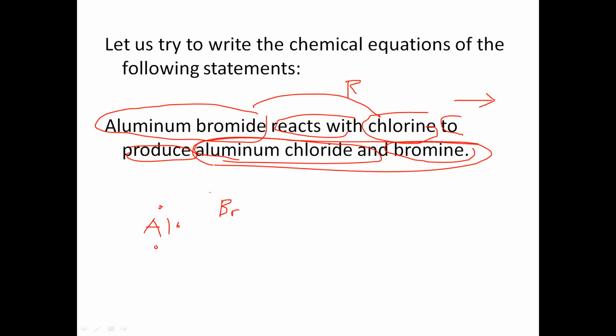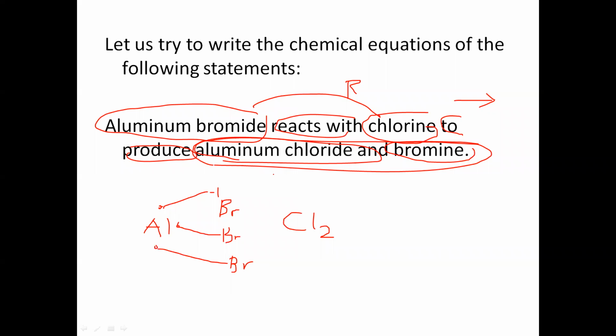Therefore, it just needs 1 more electron to be stable. That means it has an oxidation state of -1. So in order for both of them to be stable, you need 3 atoms of bromine here, so that each valence electron of the aluminum will go to the bromine, and then they will form what we call the compound, aluminum bromide. And you know that chlorine here is a diatomic element, so you write it as Cl2.